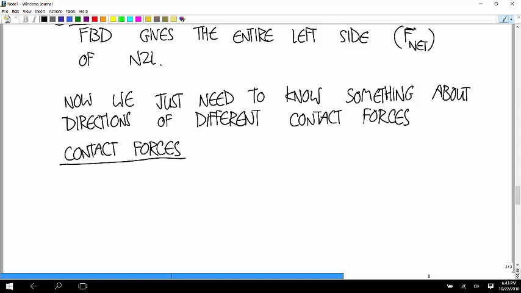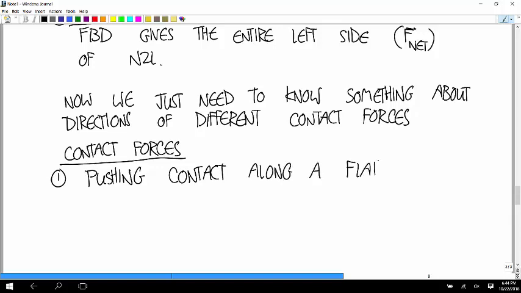Well, I'm going to break that up into, first, pushing contact along a flat surface. Second, pulling contact.